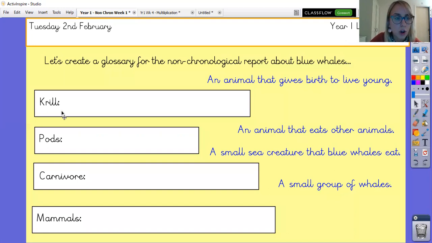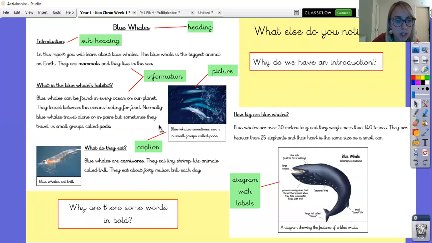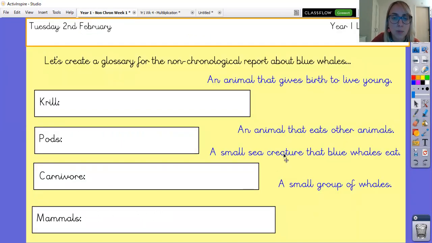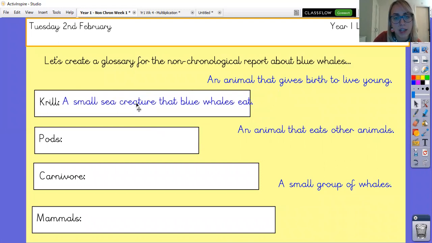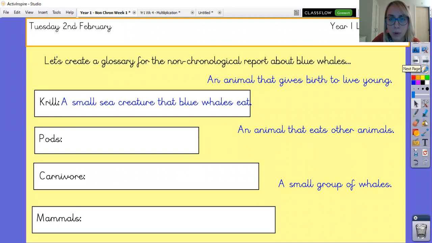So krill. Now I can remember something about krill from my report. Okay, so krill, oh yes, it's what the blue whales eat. It's a small sea creature. Okay, so that one's a small sea creature that blue whales eat. Now I remember from my non-chronological report that they look a little bit like shrimps, and they're very small.